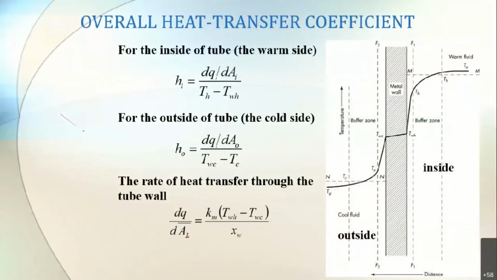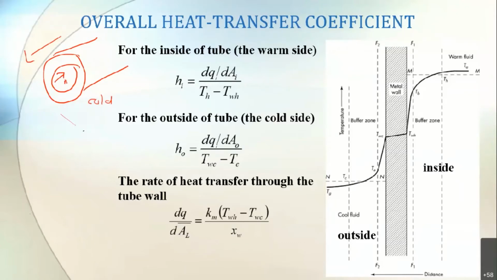Okay, so now this is the main part of our class for today. Remember, I said that usually, let's say this is a cross-sectional area of your tube, one fluid is flowing inside and one fluid is flowing outside. Let's say we have a counter current flow. Inside here is hot, outside here is cold.